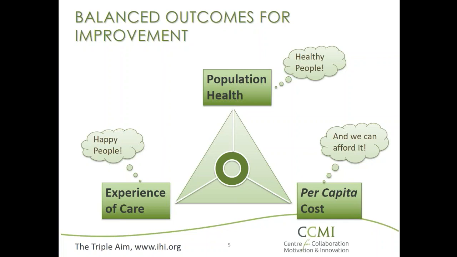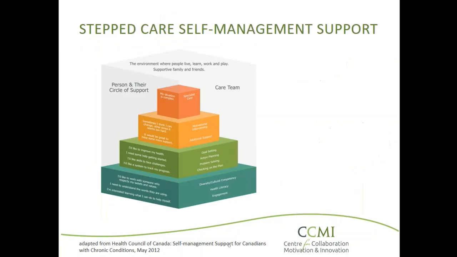It is a very straightforward concept of making sure that we have a good experience of care, that we deliver population health and have healthy people, and that we create a model of care that is affordable and sustainable. So one of the things that's going to be very important today is this notion of population health, because we are going to be talking about self-management support and how do you deliver it to a population of patients. So again, keep the triple aim in mind in terms of the types of improvements I'm going to be talking about today and how it would impact the various parts of the triple aim.